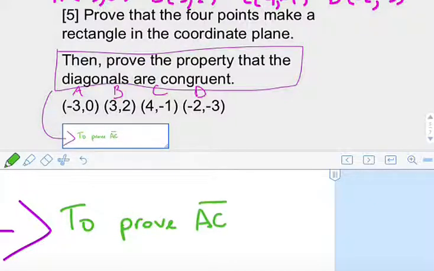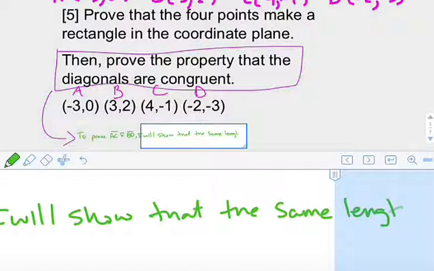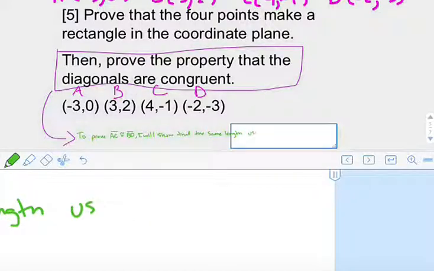Okay, so to prove AC is congruent to BD, I will show that they have the same length using the distance formula.